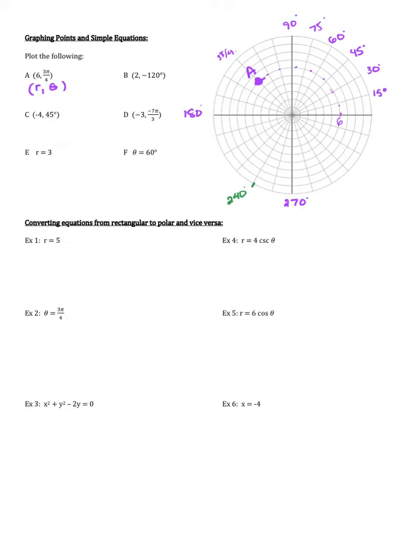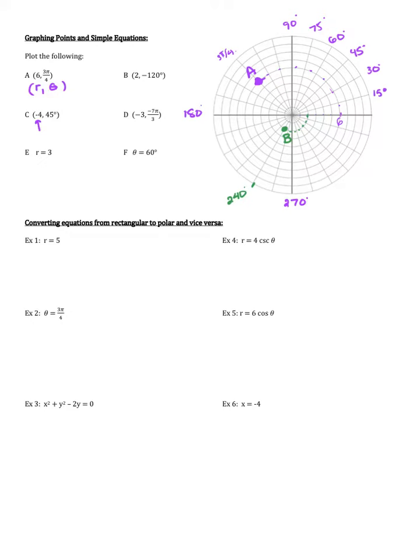And then I'm just going to count out a radius of 2, which would be right here. So this, I came back negative 120, came out a radius of 2, and I'm going to label that point B. If I want to do negative 4, 45 degrees, notice here my radius is negative.